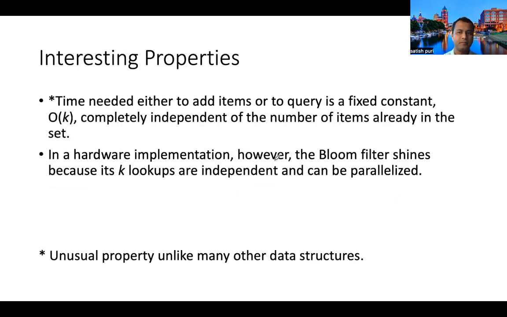So the error probability is based on how many ones are there. Now this data structure also has very interesting properties. If you do an operation on the data structure, for example, inserting items or querying items, the time complexity remains the same, because you just invoke 3 hash functions, or k number of hash functions, and then you look at those positions, see if they are ones or not, and either set those bit positions as 1 or check. So only k operations.